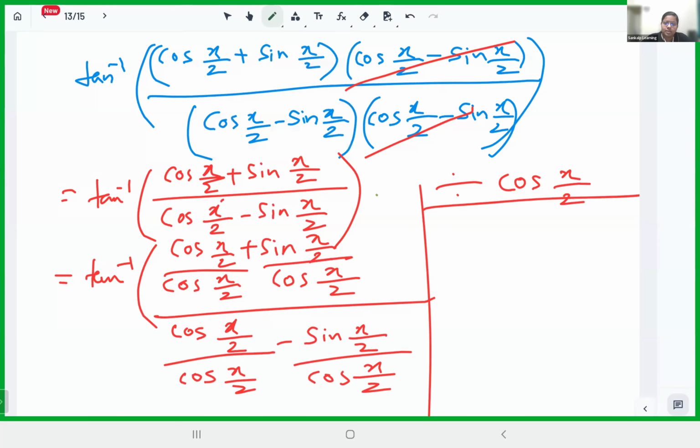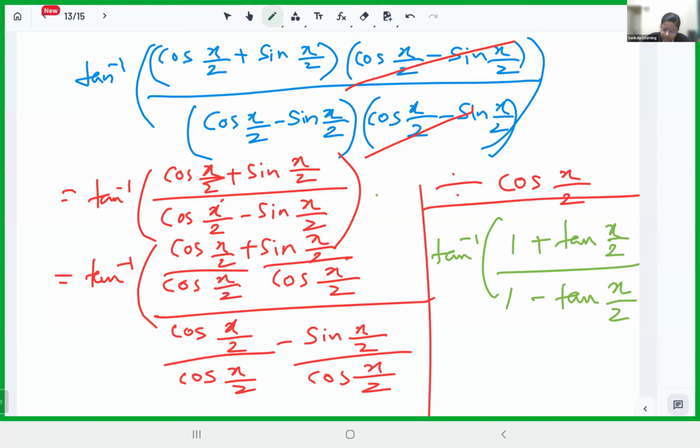Cos x by 2 divided by cos x by 2 is 1. Sin x by 2 divided by cos x by 2 is tan x by 2. So it will be tan inverse of 1 plus tan x by 2 divided by 1 minus tan x by 2.